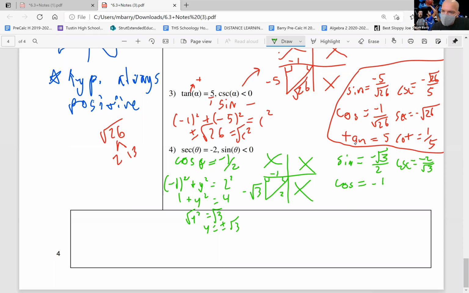I kind of already knew that, but I'll just rewrite it here together. Secant, I definitely knew was -2. Tangent is going to be negative rad 3 over -1, which is positive rad 3. And cotangent, 1 over radical 3. Beautiful.